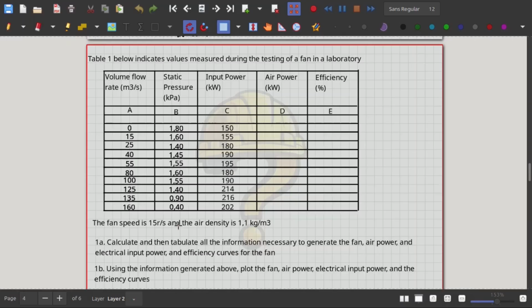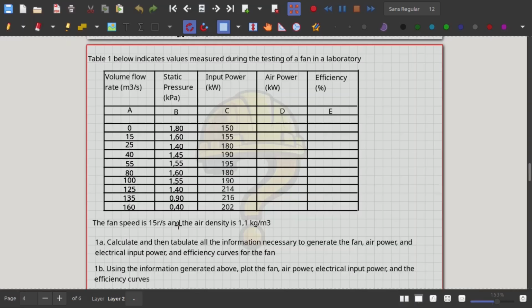We're also given there that the fan speed is 15 revs per second and the air density is 1.1 kilograms per cubic meter. Then the first question says you must calculate and then tabulate the information necessary to generate fan air power, and electrical input power and efficiency curves for the fan.